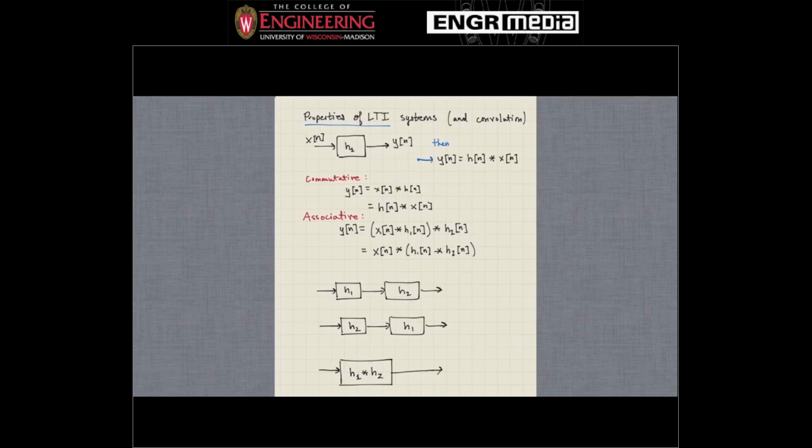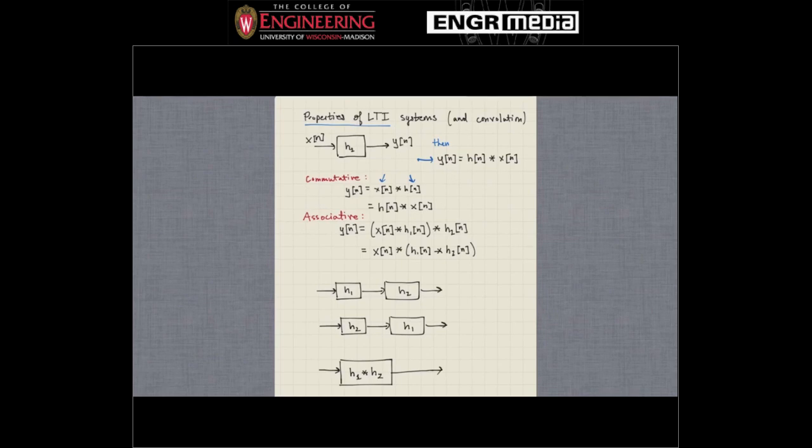And the first one is this commutative property. All I did here was I changed the order of x and h, so I can convolve x of n and h of n, and that's the same as convolving h of n and x of n, right? These are relatively easy to prove just by looking at the definition of convolution.